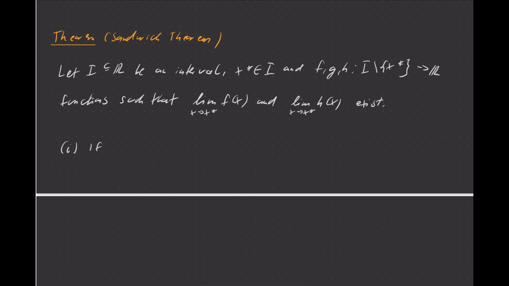So if f of x is less or equal to h of x for all x in I, then also the limit of f of x is less or equal to the limit of h of x as x tends to x star. So the inequality carries forward to the limit, same as for sequences.